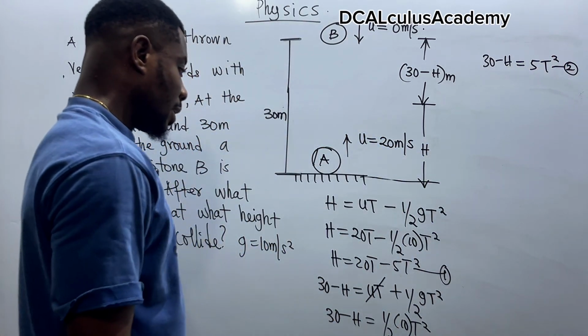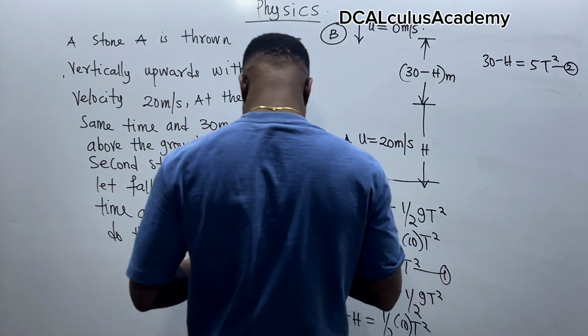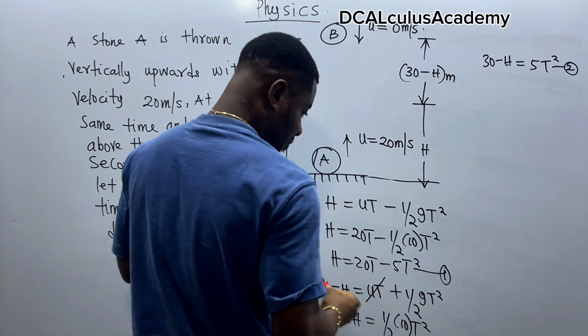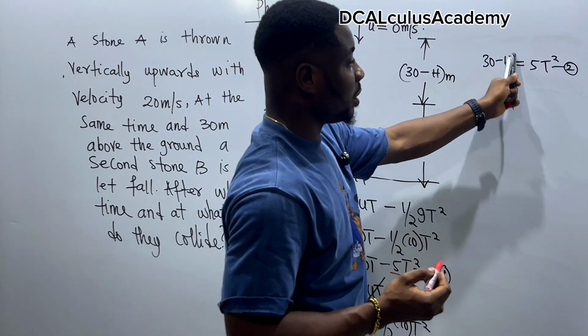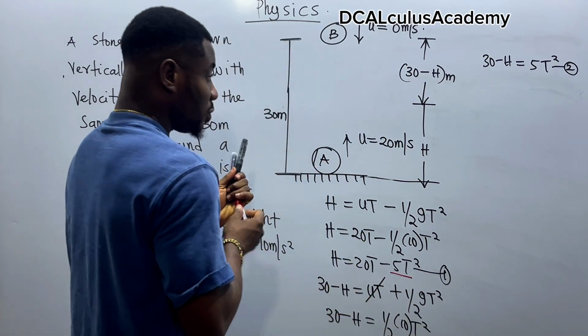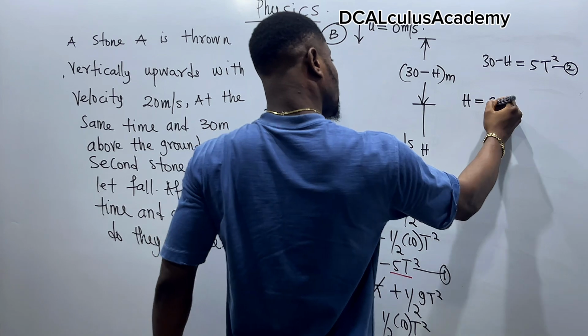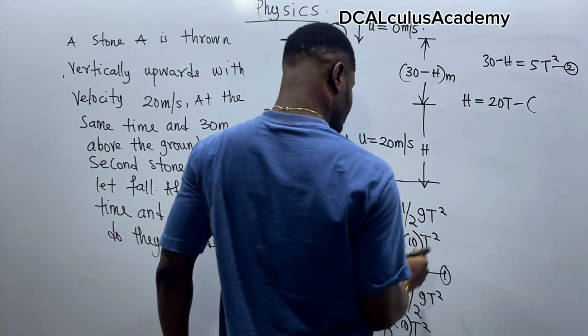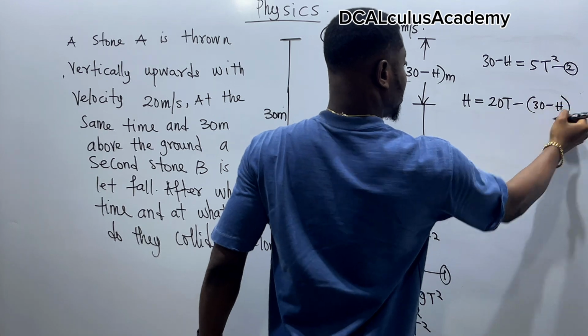Now all we need to do is, where we see 5t squared in equation 1, we substitute 30 minus h. So we have h is equal to 20t minus, where we see 5t squared, we put 30 minus h.